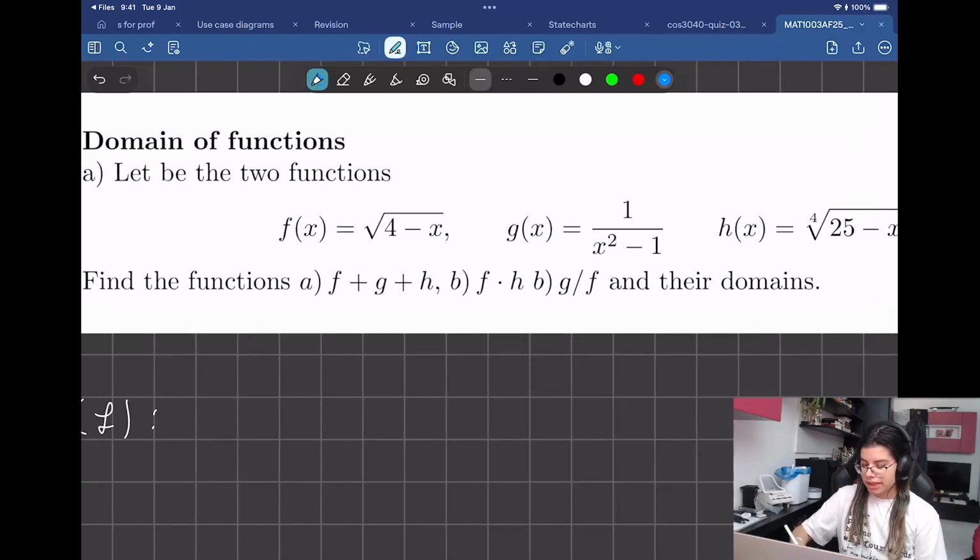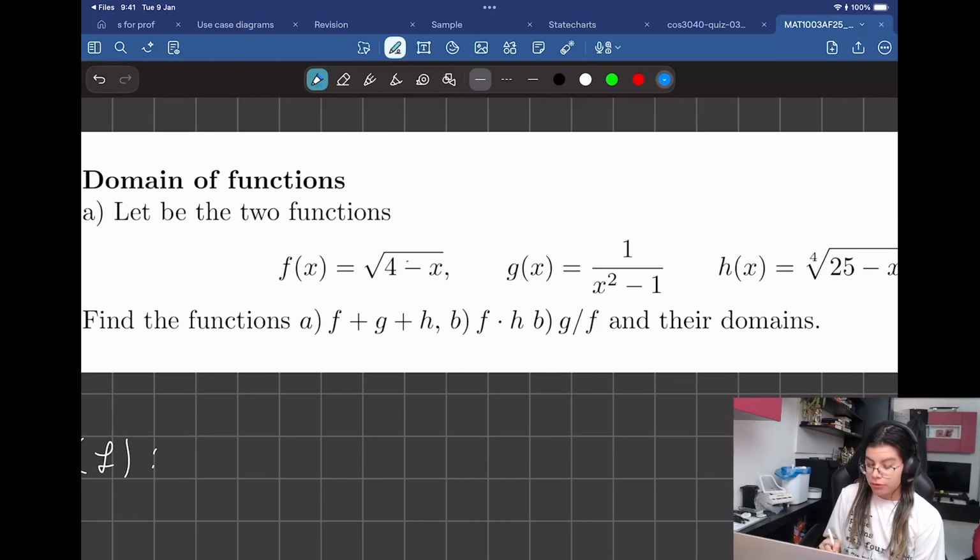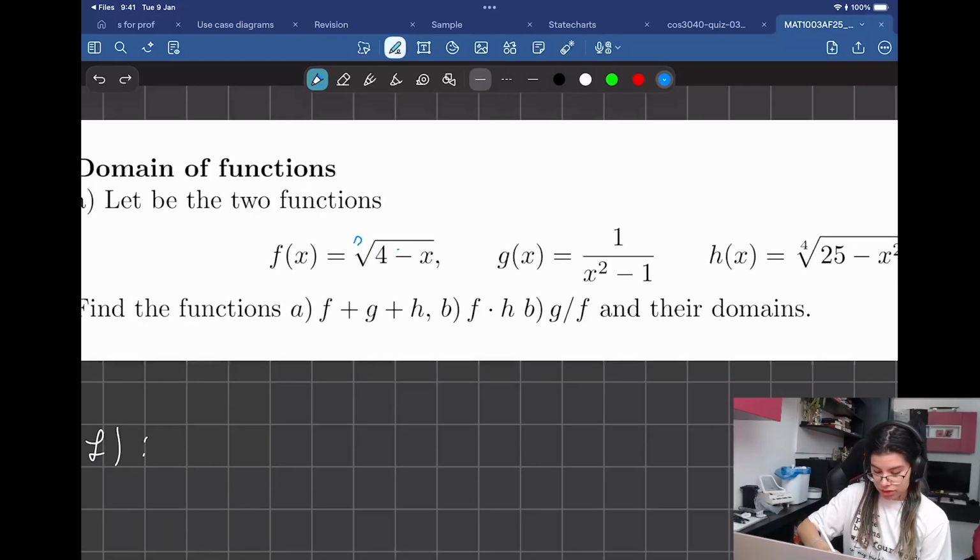So how do you work it out? For radicals, the first task you have is to see the number of the radical. Which root is it? So if there's no explicit root, it's just second root. So if it's second or fourth or sixth or eighth or any even root, then you need to make sure that the thing inside of the root is greater than or equal to 0.